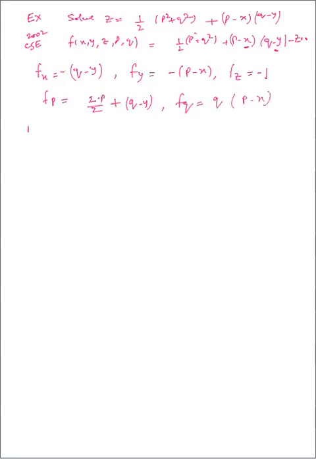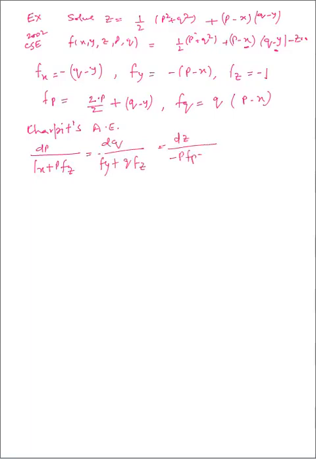Now we put in the Charpit's auxiliary equation. So dp upon fx plus p fz is equal to dq upon fy plus q fz is equal to dz upon minus p fp minus q fq is equal to dx upon minus fp is equal to dy upon minus fq.